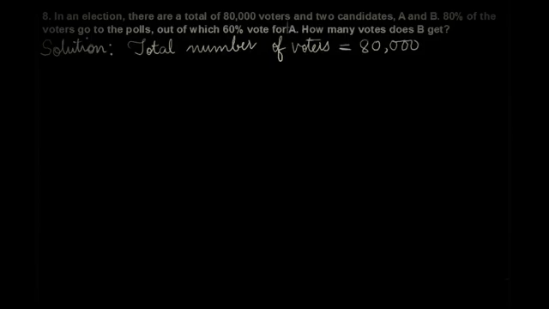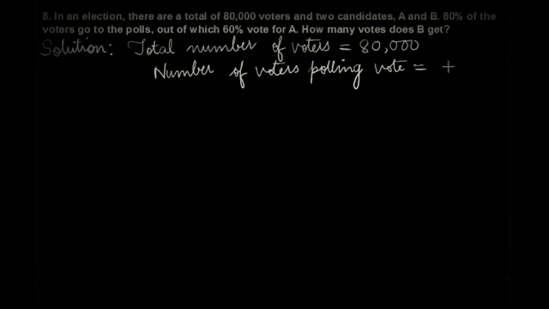Okay, and there are two candidates A and B. So out of 80,000 voters, 80% go for the polls. So number of voters polling vote is equal to 80% of 80,000.